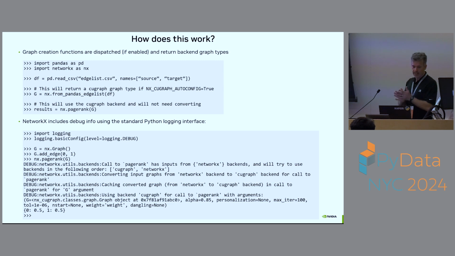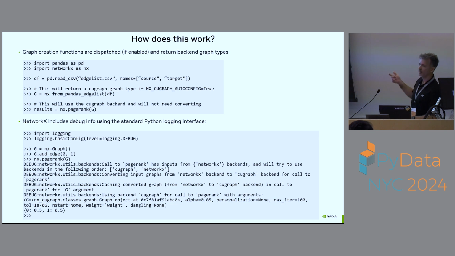And then lastly, the graph creation functions. Those are also dispatched and return back in graph types. So this is a new feature in NetworkX 3.4. And this gave us a big speed up too, because it's a pretty common pattern, especially for bigger graphs, to be loaded from a file on disk, like a CSV, for instance.